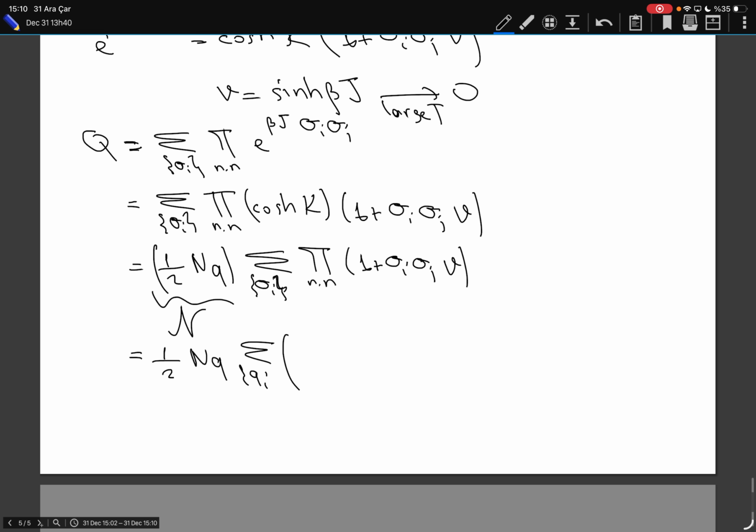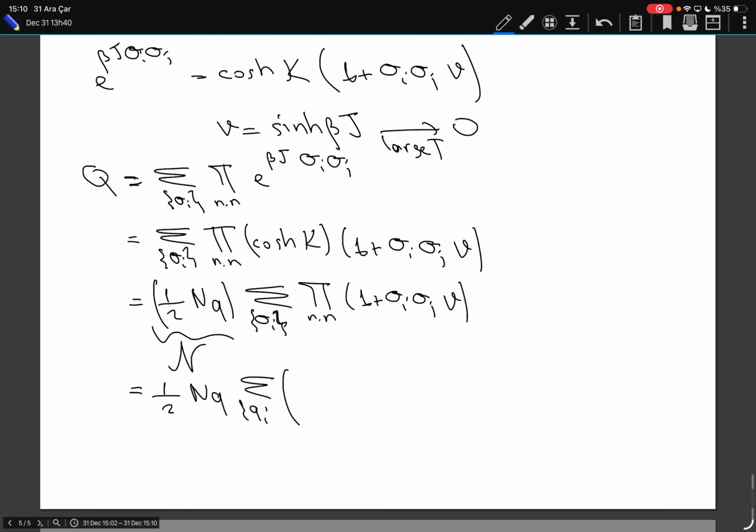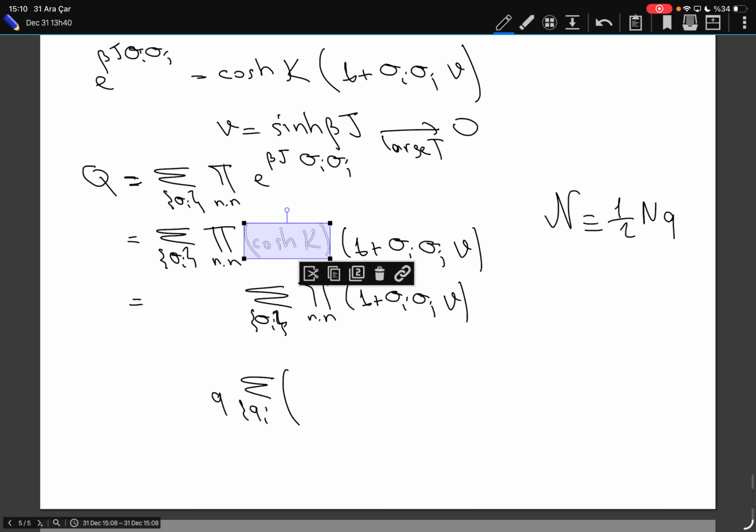Oh, sorry, I forgot a cosh. Let me define this curly n as 1 over 2 nq. You see, each one of the nearest neighbor interactions has that cosh, so it is cosh to the power of this curly n.